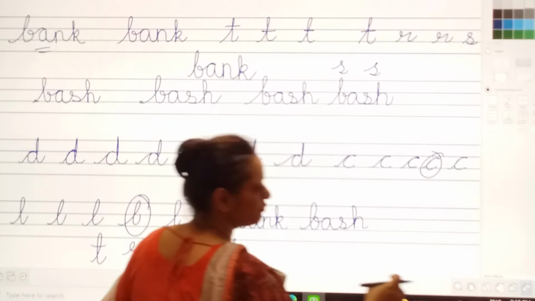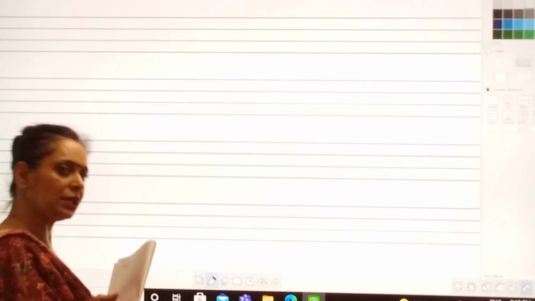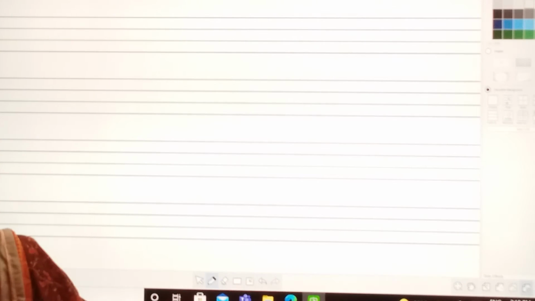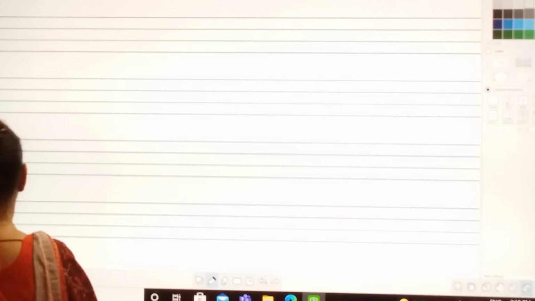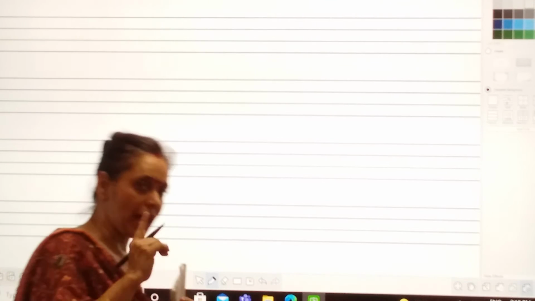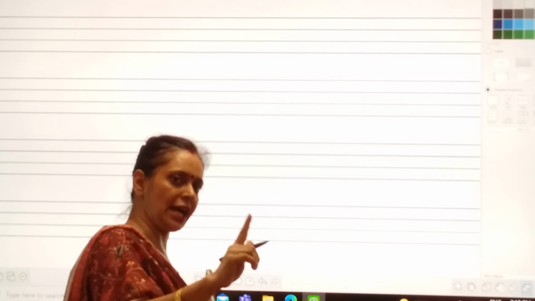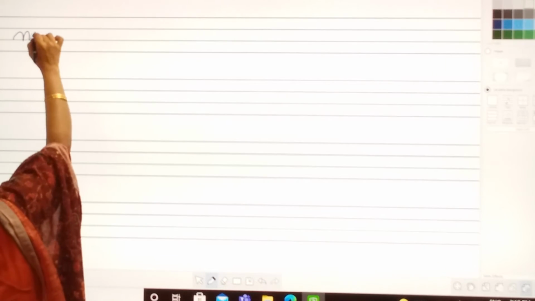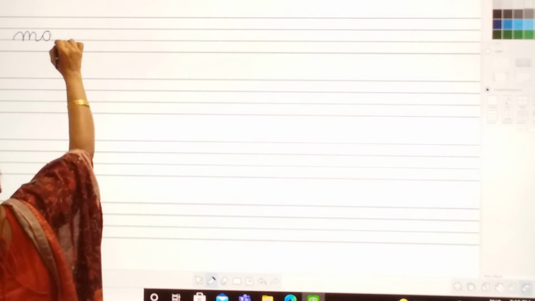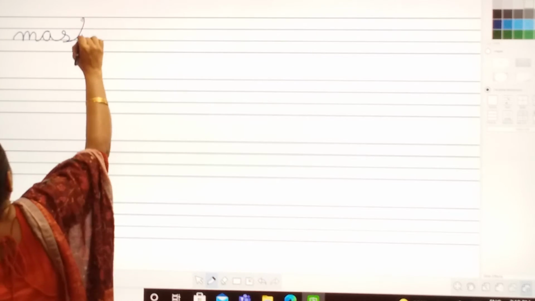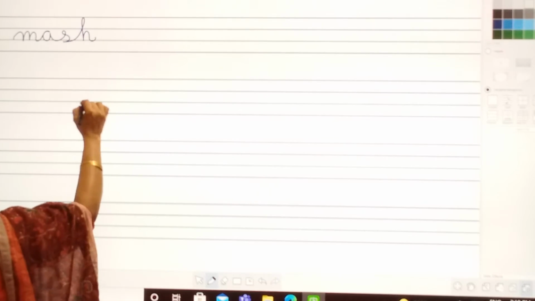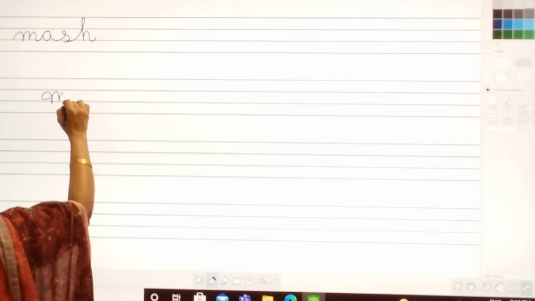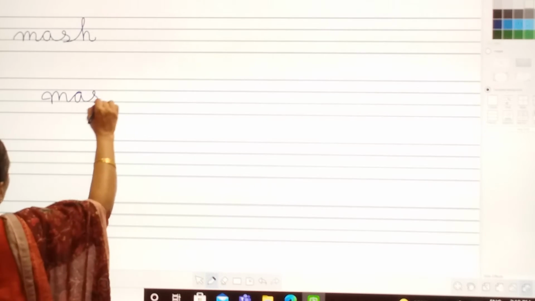Now we will move further to another page, that is page number 13, and we will learn one more spelling, that is mash. M-A-S-H, mash. Come on, write along with me. M, see, is it correct?